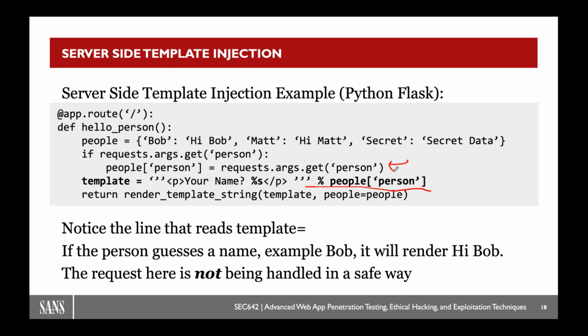Now the template engine will try to render this. The right way of rendering this is by just saying Bob. But what happens if you start using special characters? There's no restriction here on the use of special characters. So when the template engine goes to render this, it hangs the request in the engine and will process it as if it came from the developer. That would be the problem here.